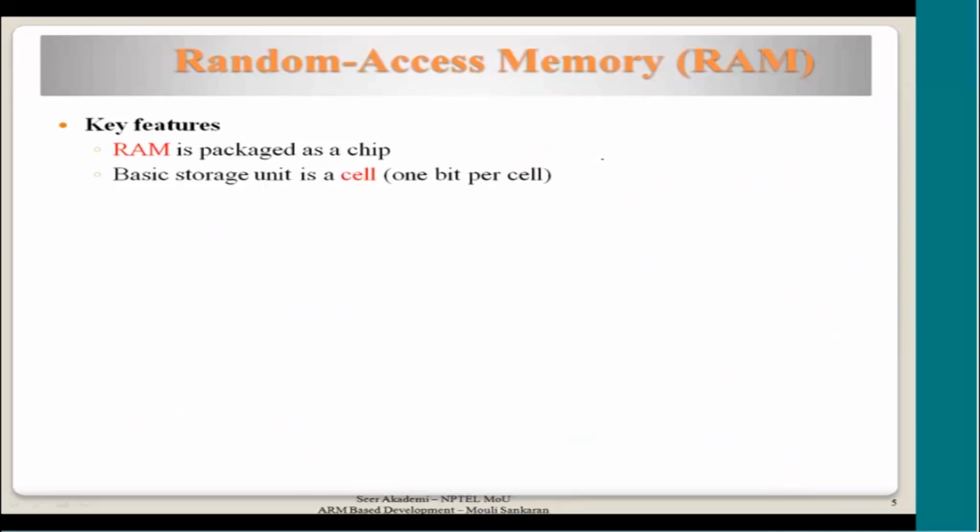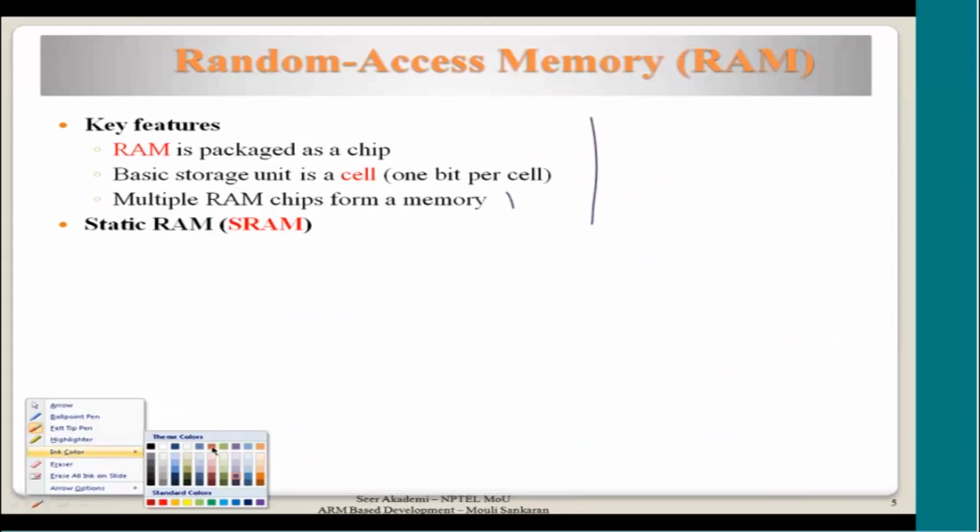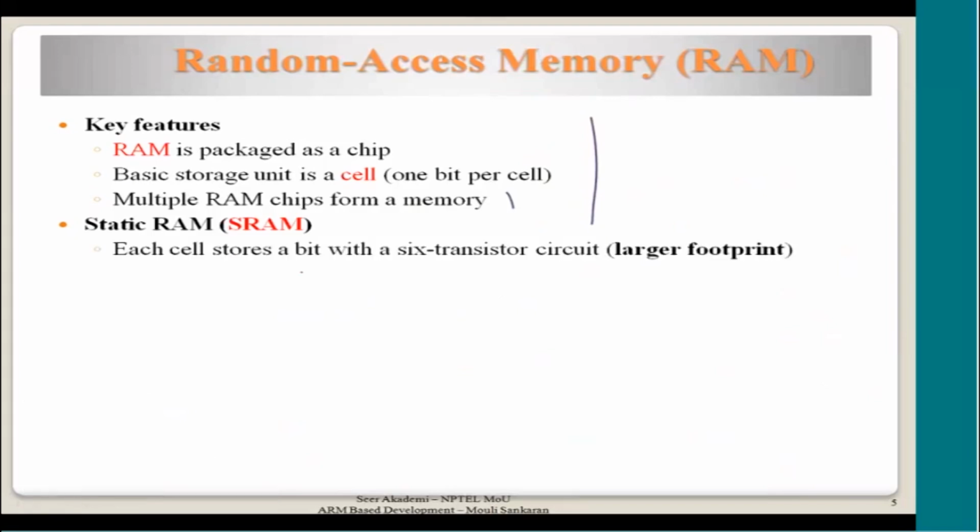So the basic storage unit in a RAM is a cell, 1 bit. Typically DRAMs are done that way. So multiple cells form a memory. This is all high level, which you might already be aware of. Static RAM is one technology, which is built purely with transistor circuits, maybe 6 transistors.